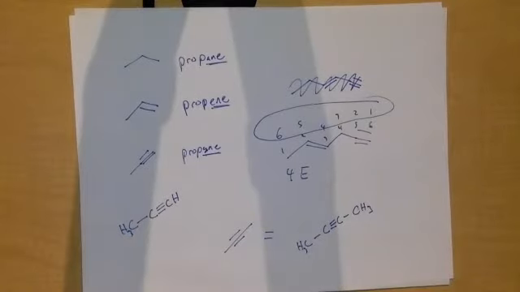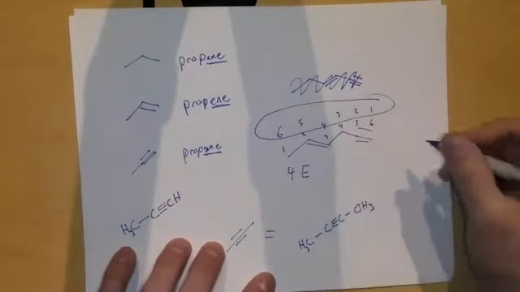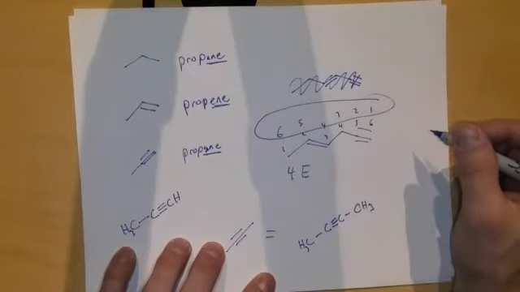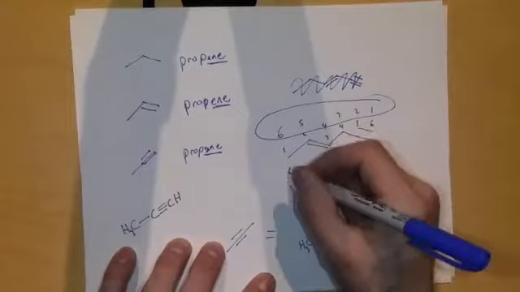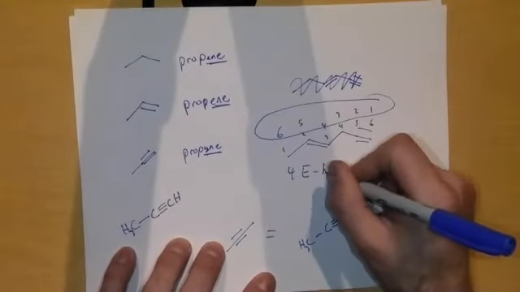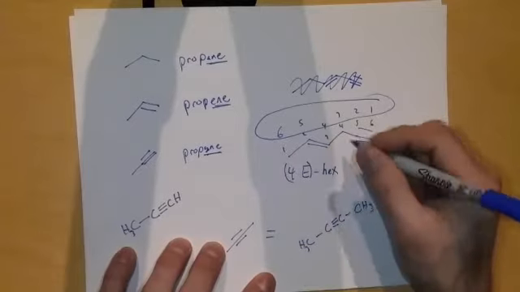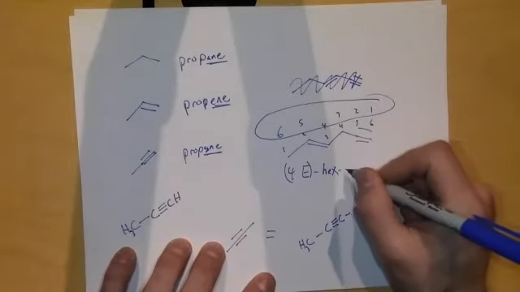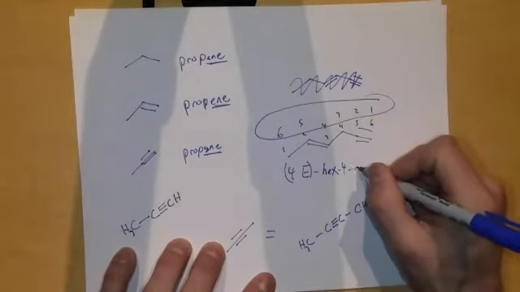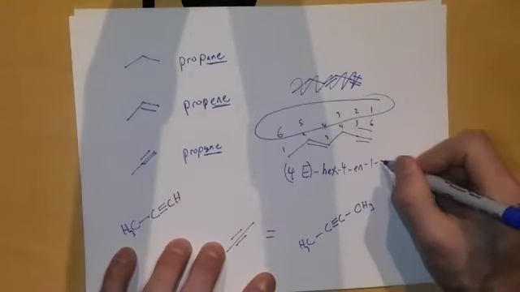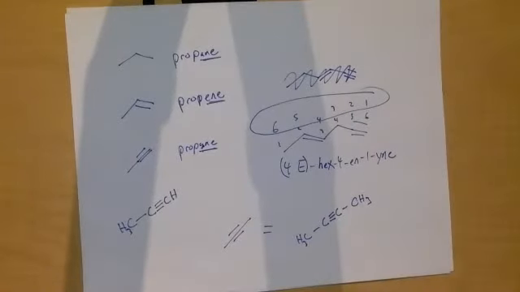So for naming this, we have 1, 2, 3, 4, 5, 6. We have both a double bond and a triple bond, so this would be a 4E-hex-4-en-1-yne. When you have both of them, you just shove them together and put both of them in there. You're probably not going to see a ton of these that have both of them on there, but just so you know.